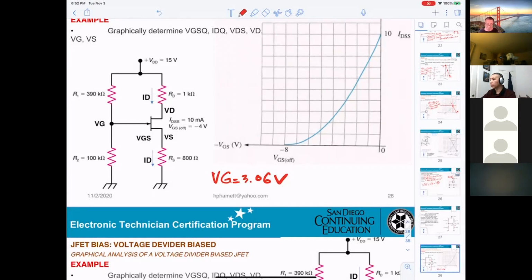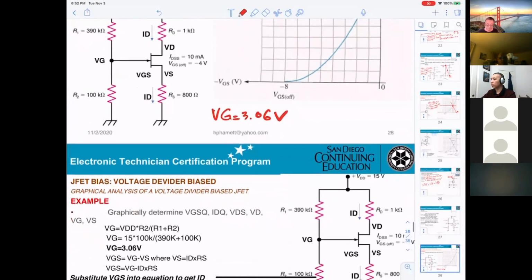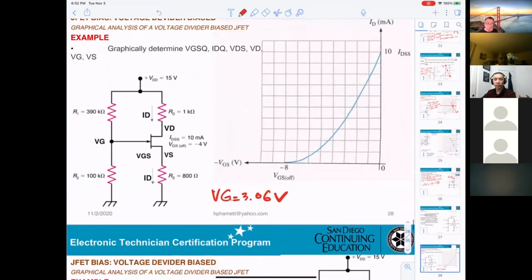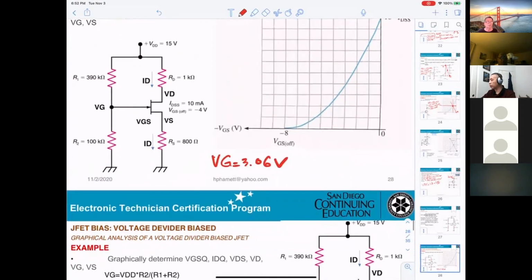Okay, you get that? Everyone get the VG 3.06 volts?